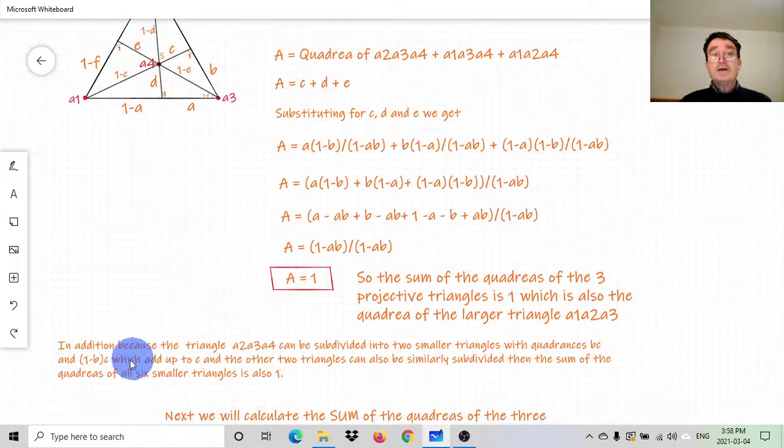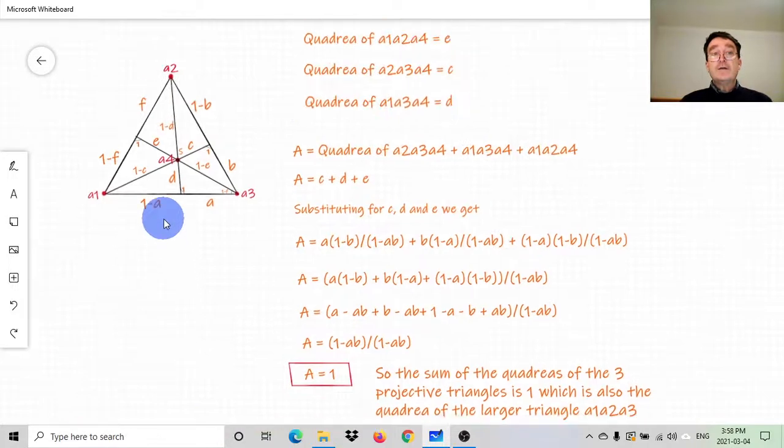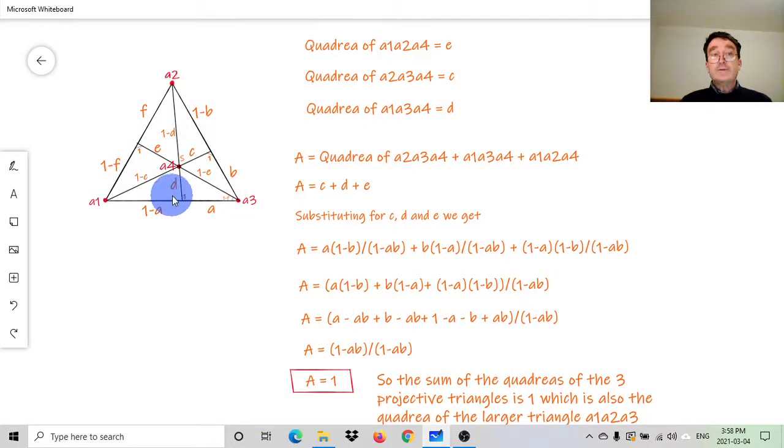And the same applies to the other sides as well, these smaller triangles here. So the sum of the quadrias of these 6 triangles adds up to 1, which is the quadria of the larger triangle.